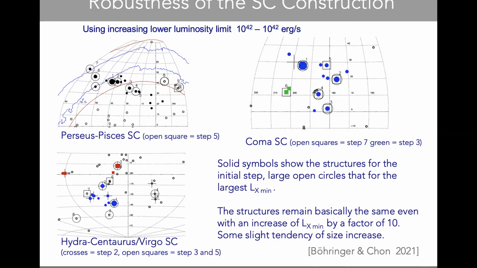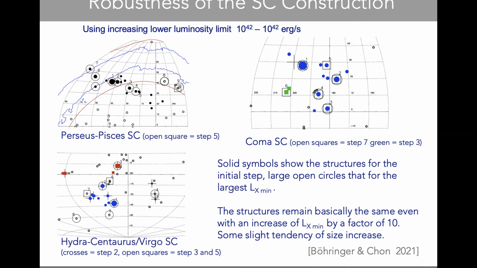I did one more exercise, and that is how much these structures rely on a certain linking length or a certain minimum X-ray luminosity. For example, if I throw out more of the low luminosity objects, then the density distribution gets more sparse.